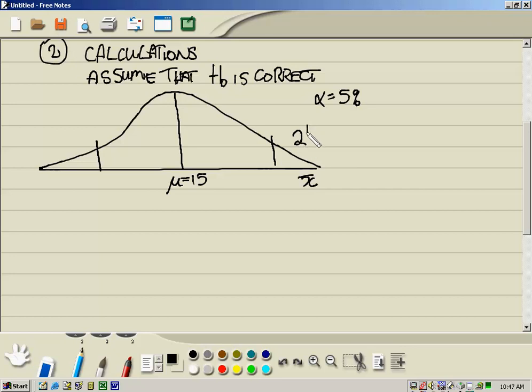So that we have a symmetric distribution, 2.5% in the upper tail, and 2.5% in the lower tail. We're going to call these two limits here the critical limits.